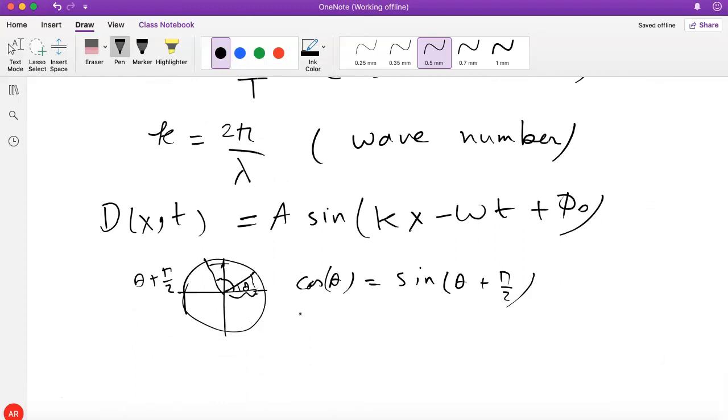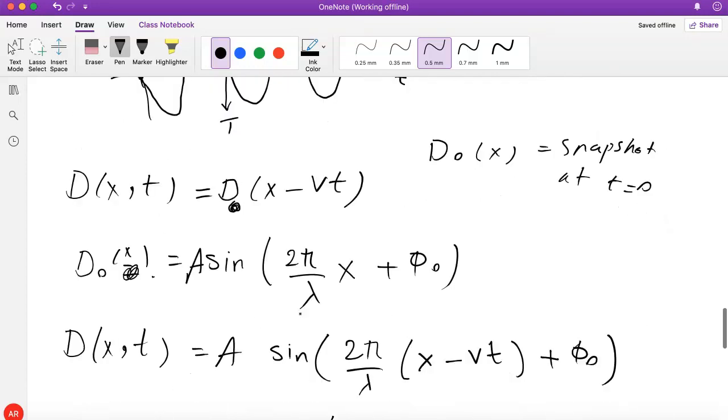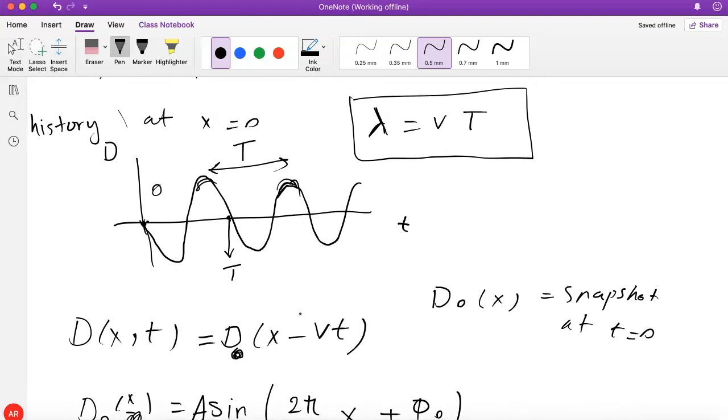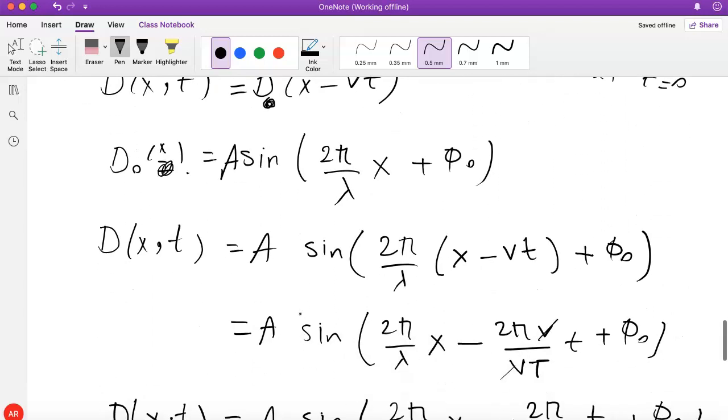Feel free to watch this part again and maybe think about it more. It takes a little bit of practice and contemplation to get these connections between the spatial picture and the temporal picture, and then putting them together by knowing that your wave pattern is just shifting at constant speed in one direction.